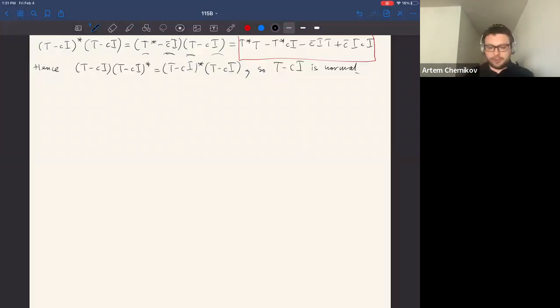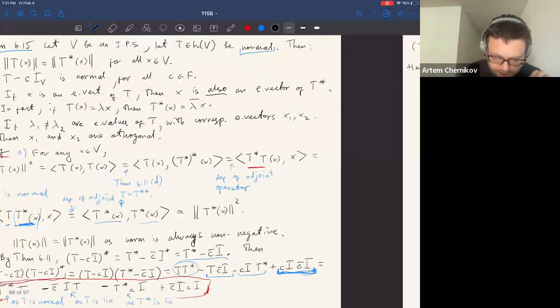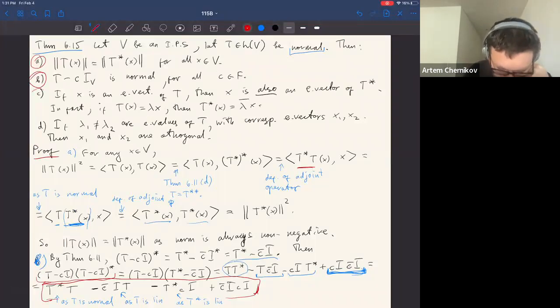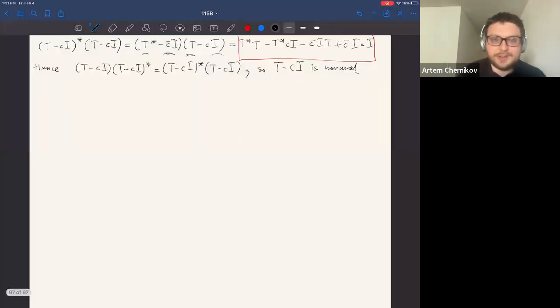Okay, let me pause for a second. So let's prove the next item, C, about eigenvectors. That T and T star for a normal operator have the same eigenvectors.